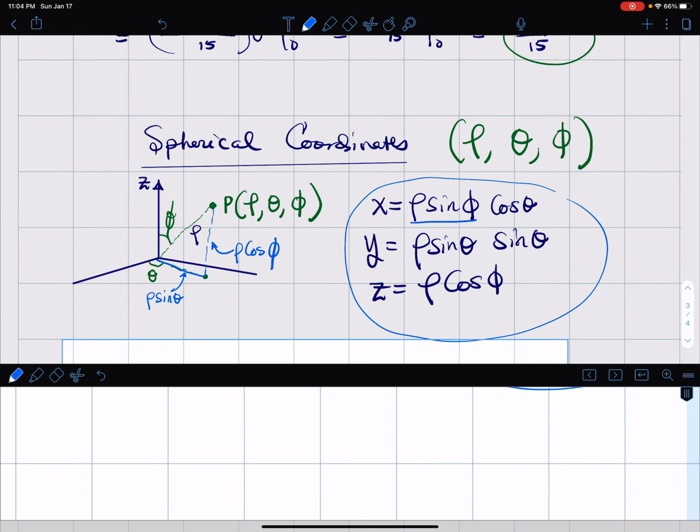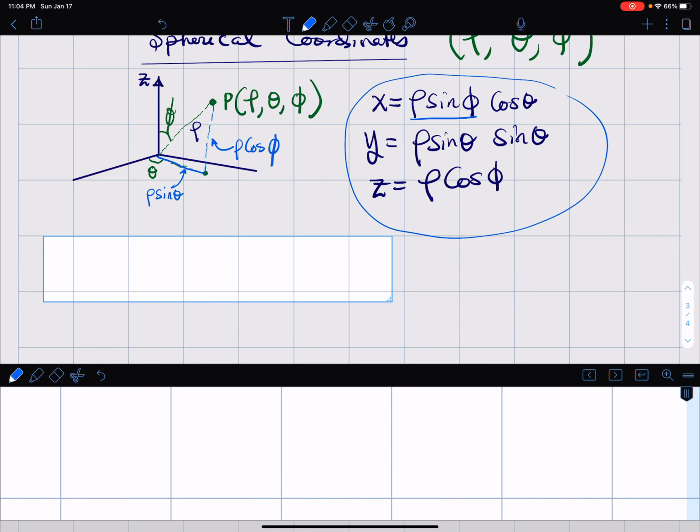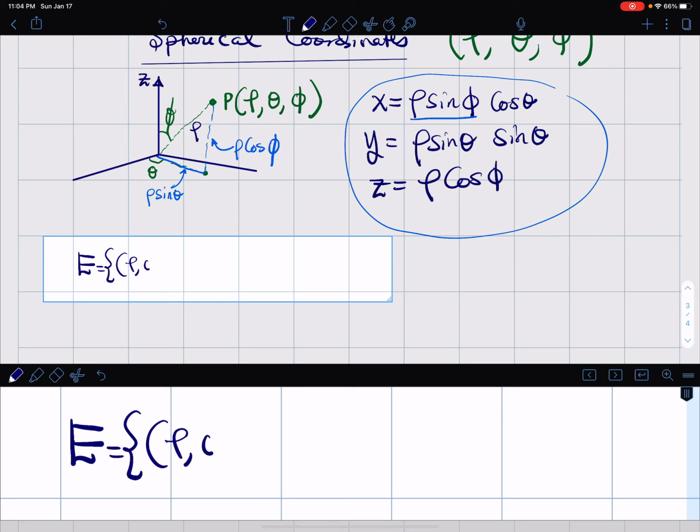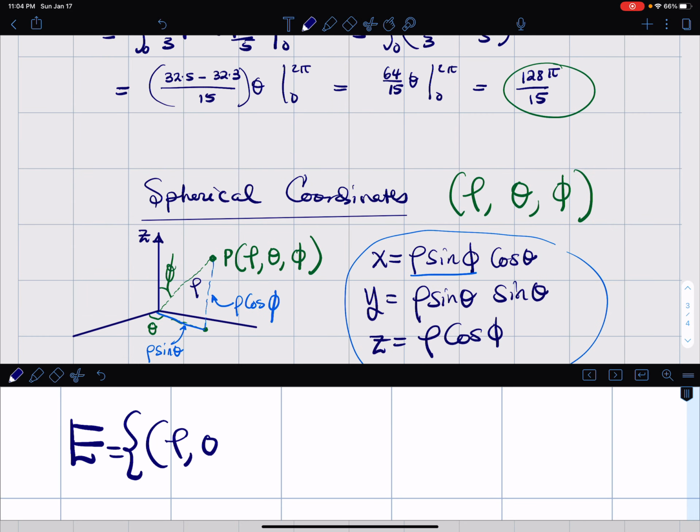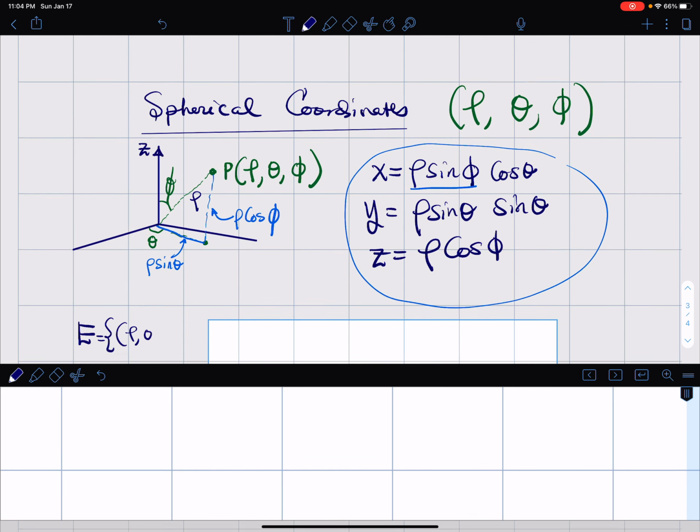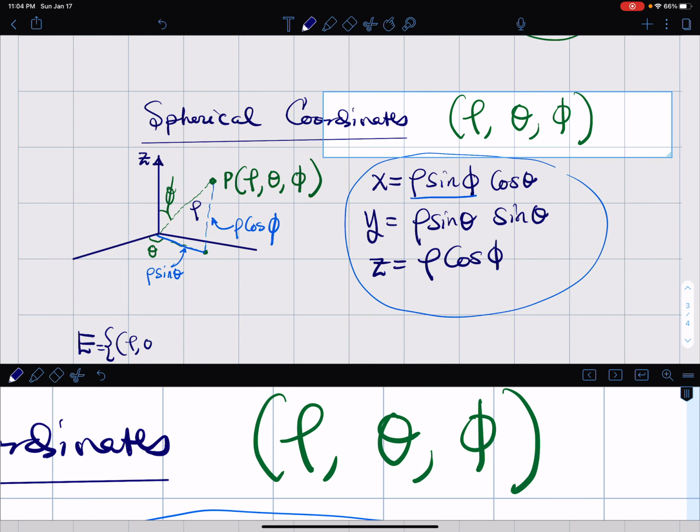So this is a little bit different in that if you have a solid, say E, your region of integration is E, described as rho phi theta.